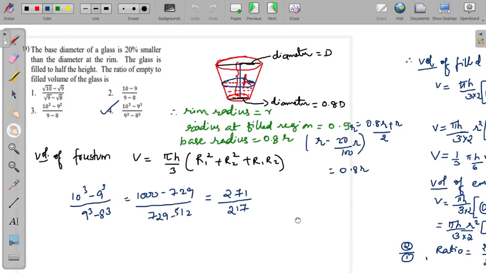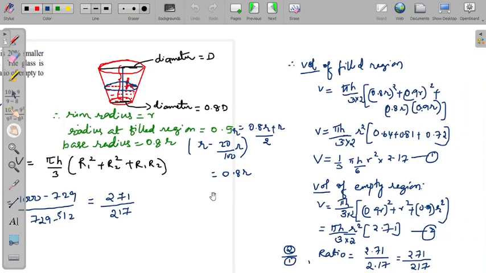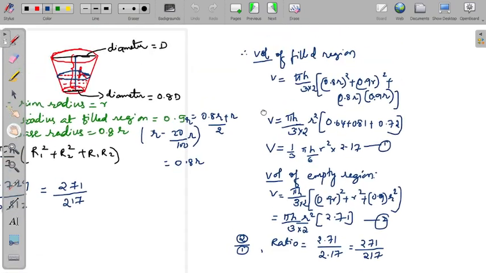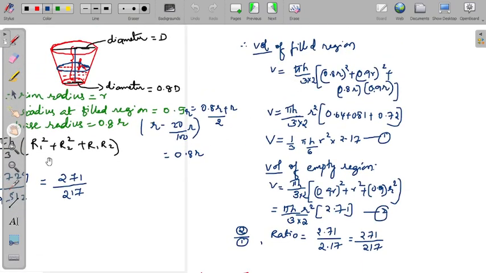Now let us find the volume of the filled region and the volume of the empty region. Volume of the filled region: make use of this formula, V equals pi into the height, which is h by 2, divided by 3, into r1 squared plus r2 squared plus r1 r2, where r1 is the base radius and r2 is the radius at the filled region. So 0.8 r squared, 0.9 r squared, and the product.